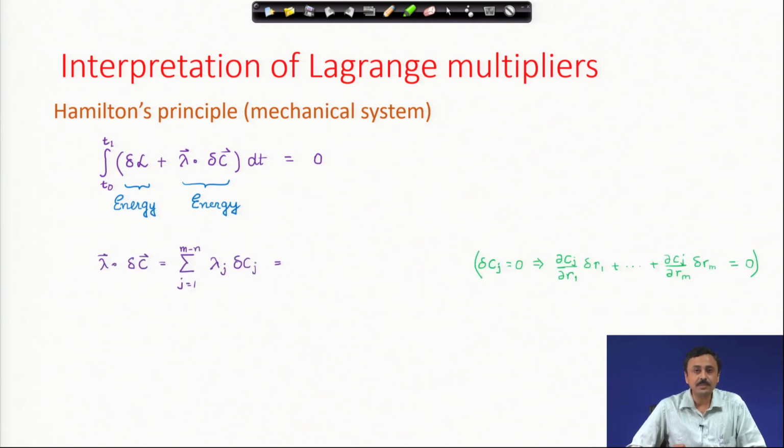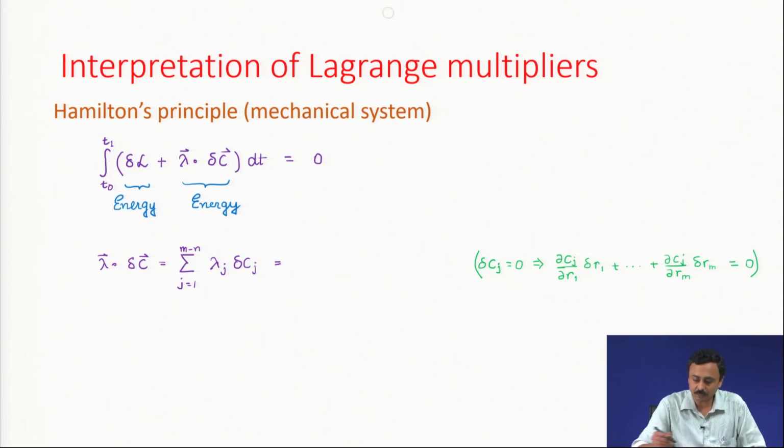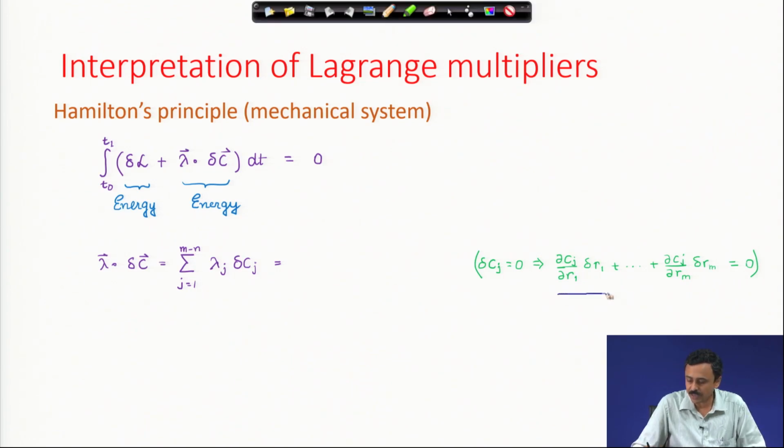Now, what is the lambda vector, which contains as many Lagrange multipliers as the number of constraints? Lambda vector dot delta C vector can be written as a summation, using the expansion of delta C j for the jth constraint.